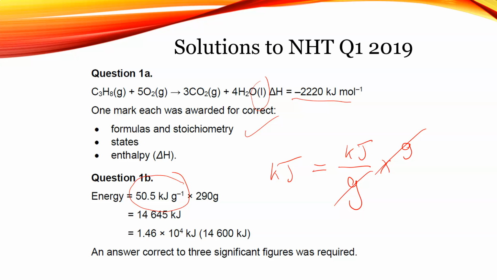So that came out to 3 significant figures. Now, an interesting scenario here, if you didn't give 3 significant figures, you got 0. So while we say that there is only 1 mark in the paper that will require the right number of significant figures, it sometimes will be the difference between 1 and 0 for a question.